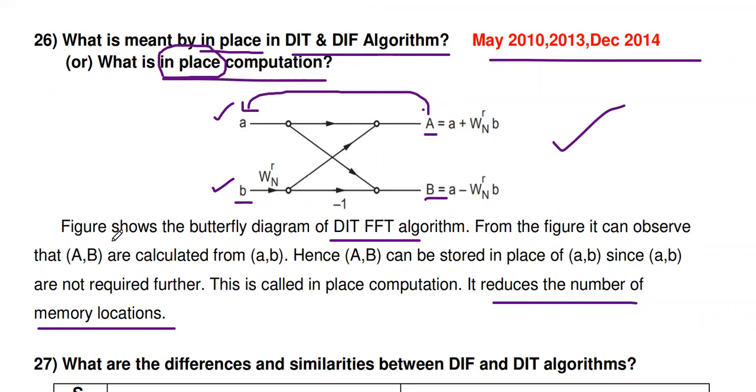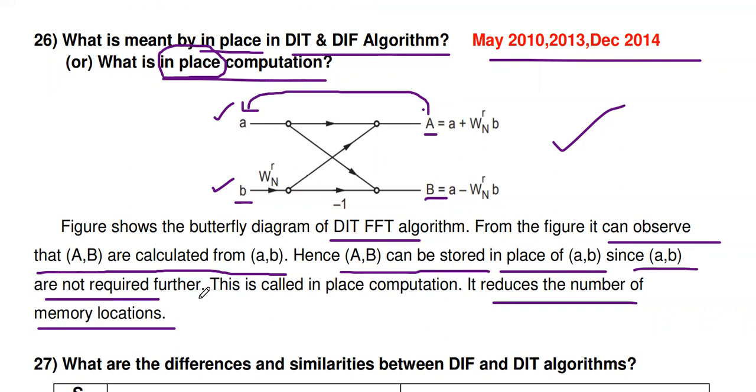The figure shows the butterfly diagram of the DIT FFT algorithm. From the figure, it can be observed that capital A and capital B are calculated from small a and small b. Hence capital A and capital B can be stored in place of small a and small b, since small a and small b are not required further.